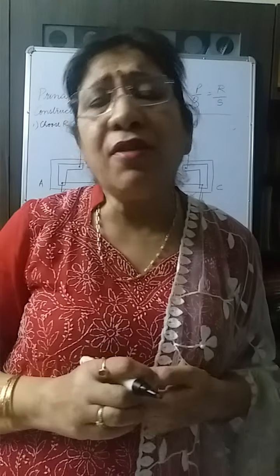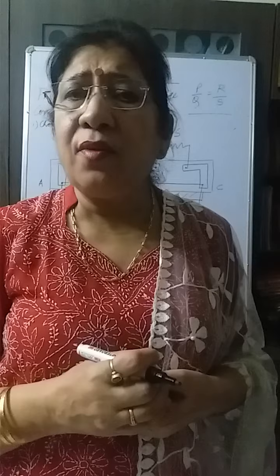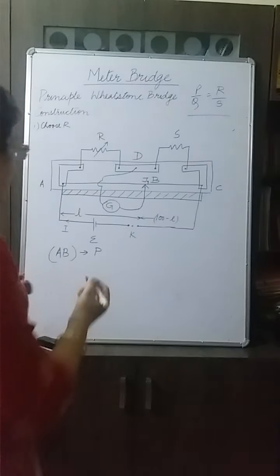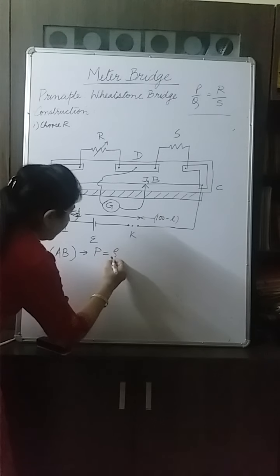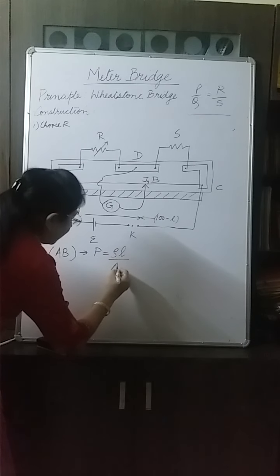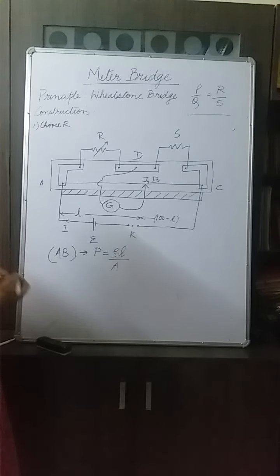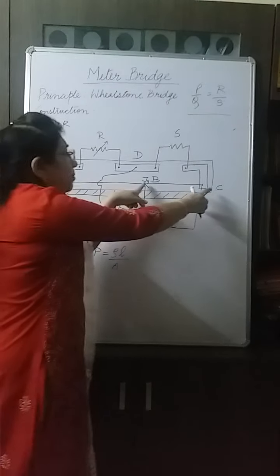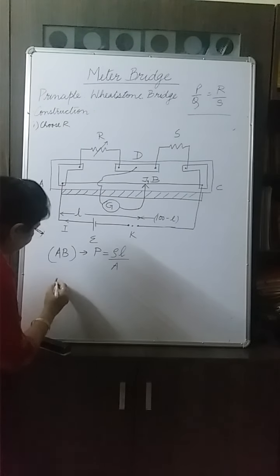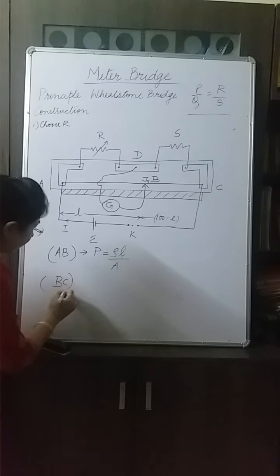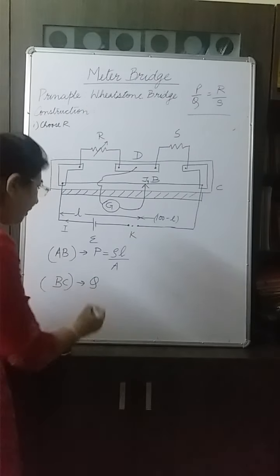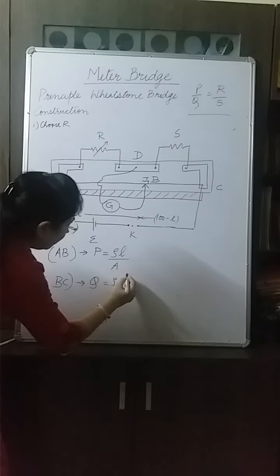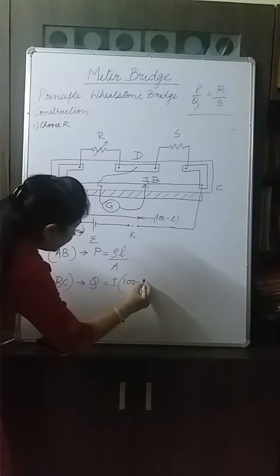We have the formula for resistance, R is equal to rho L by A. So using it here for the resistor P, we can write rho L by A. Similarly, the length BC of the wire represents Q. And for Q we can write rho (100 minus L) by A.